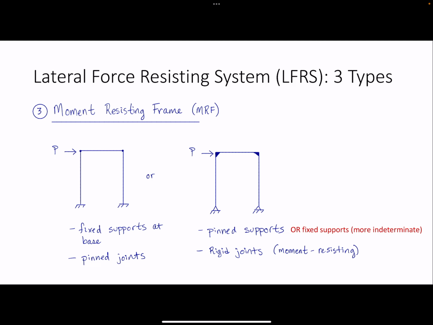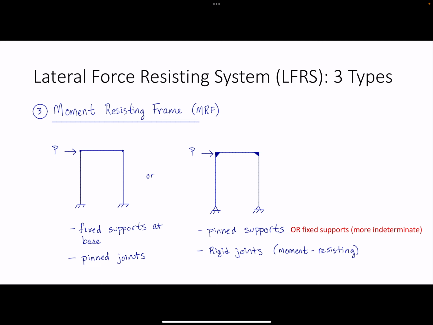Anyway, all right. So now this will be a good closing topic, talking about the third type of lateral force resisting system, which is moment frame or moment resisting frame. There are a couple different configurations that you could have, right? You could have the option where you've got fixed supports at the base and pinned joints. That's capable of resisting lateral forces and it's stable.